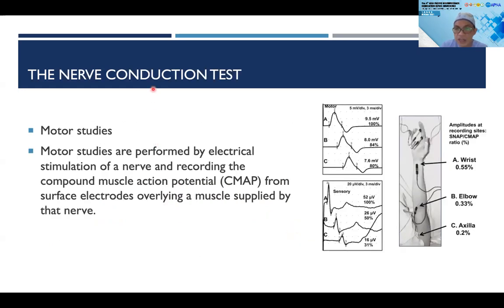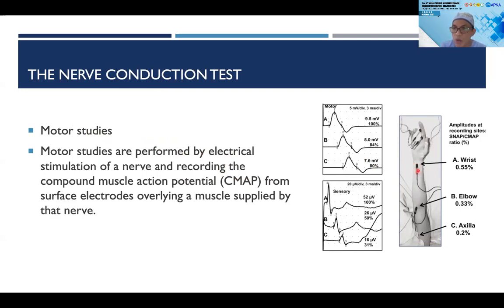Nerve conduction studies can be used for either motor studies or sensory studies. Motor studies are performed by electrical stimulation of a nerve and recording the compound muscle action potential, the CMAP, from a surface electrode overlying a muscle supplied by the nerve. For example, if we would like to study the median nerve, we will place the recording site over the abductor pollicis brevis, and then we stimulate along the median nerve.